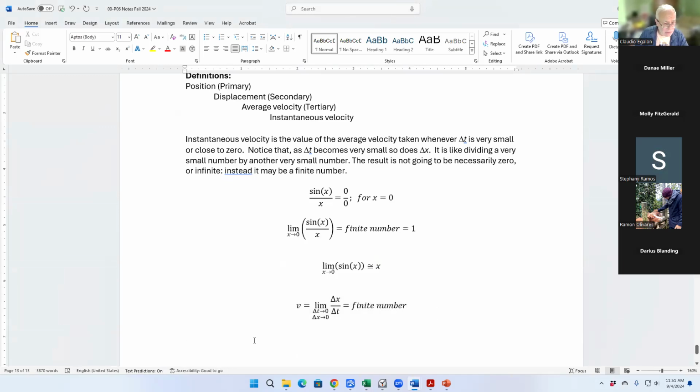We are not going to do this type of calculation in this course since it requires calculus. But at least you are introduced to this concept.